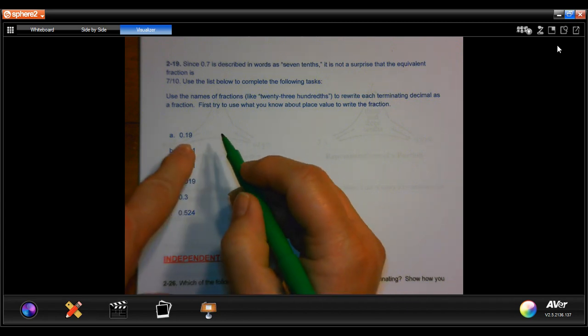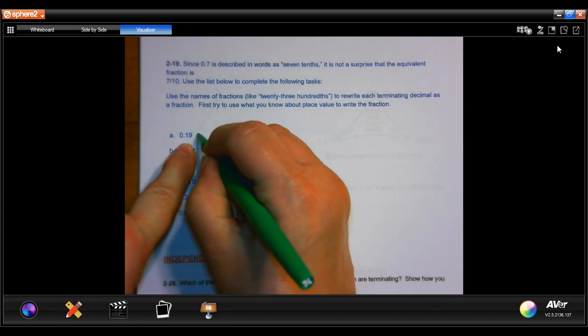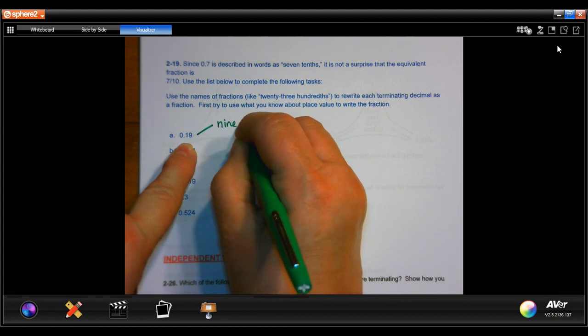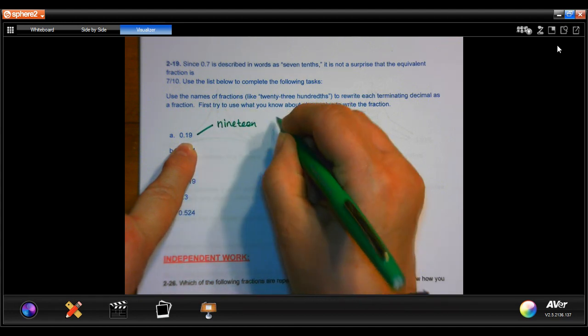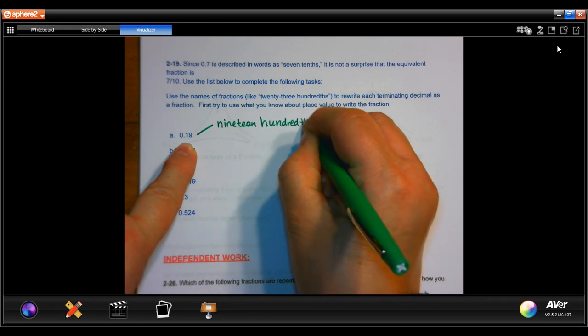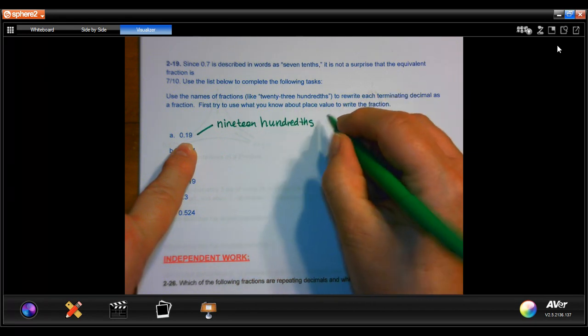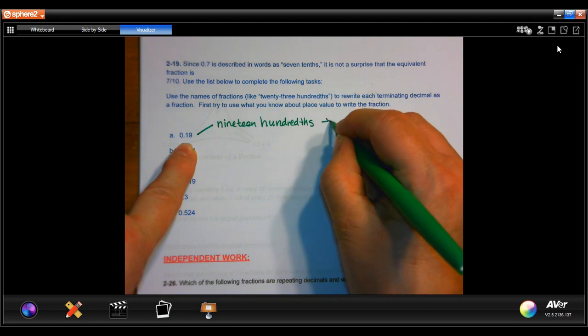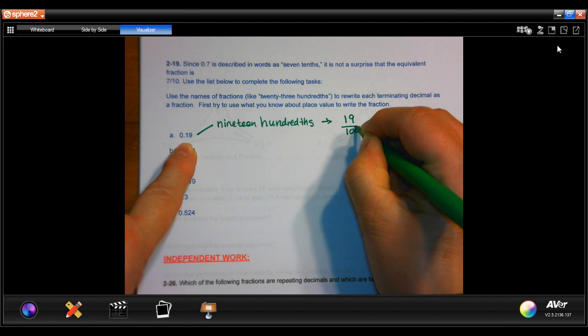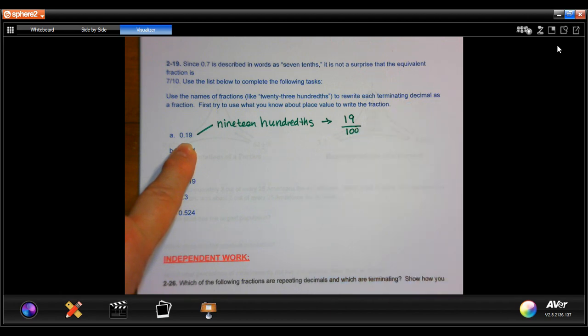So this decimal here is, and you don't have to write these out, but I'm going to write this one out for us, 19 hundredths. And when I write it out like that, it makes it super easy for me to write it as a fraction, 19 hundredths. All right?